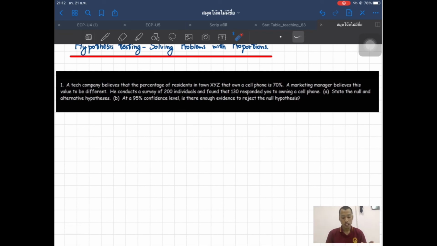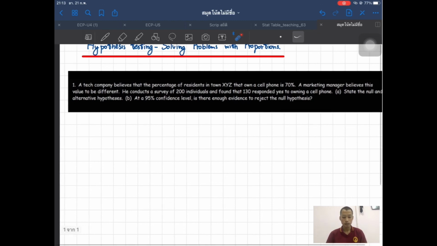He conducts a survey of 200 individuals and found that 130 respond yes to owning a cell phone. A. State the null and alternative hypotheses. B. At a 95% confidence level, is there enough evidence to reject the null hypothesis?